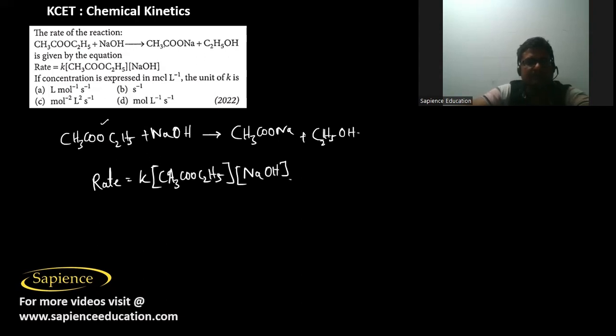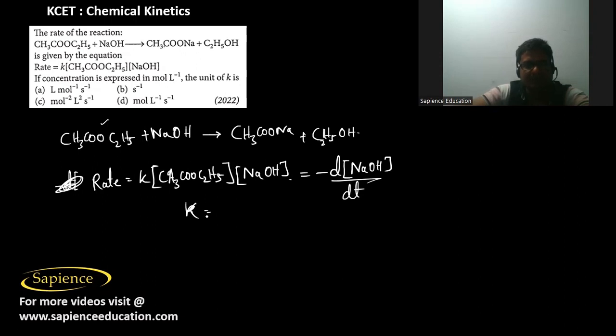So if concentration is expressed in mole per liter, what is the unit of K? Now the rate I can say is equal to minus d of concentration, equal to minus d of NaOH by dt. It means the rate of decrease in the concentration of NaOH.